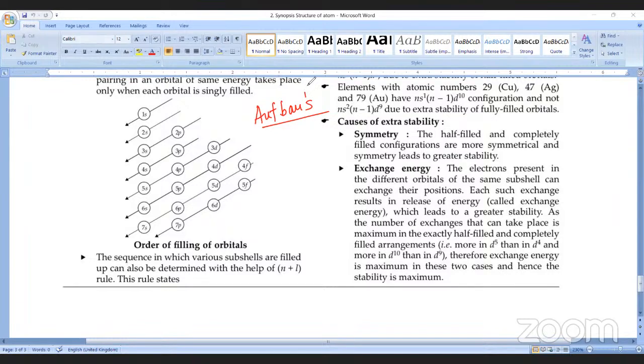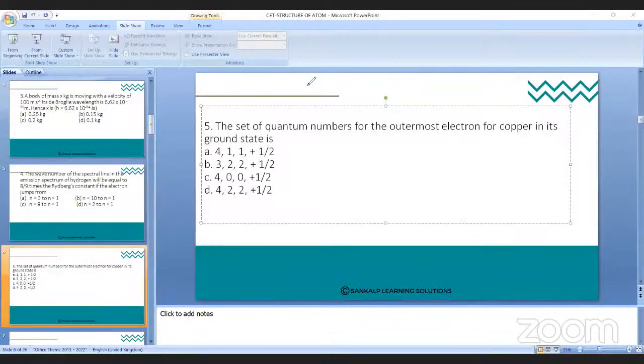So let us now put the electron filling of copper. How are we going to fill the electrons here? Just see.